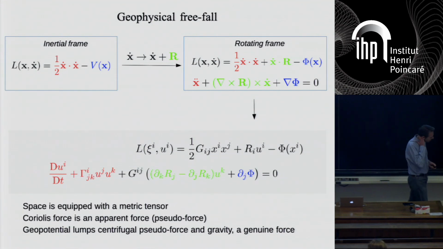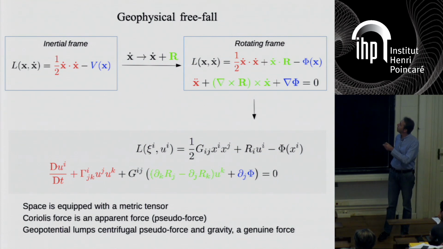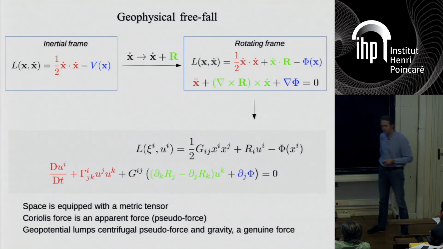Now, if we go to the geophysical setting, as I explained, we moved from the inertial frame to the rotating frame, and it's very easy to do in the Lagrangian. You just substitute x dot for x dot plus r, and by expanding the kinetic energy, you obtain the gyroscopic term and also the centrifugal term.